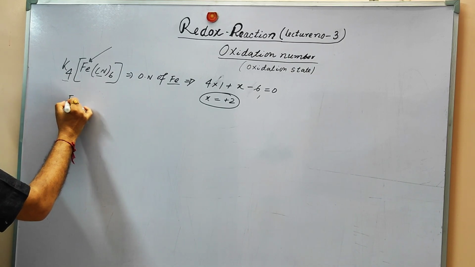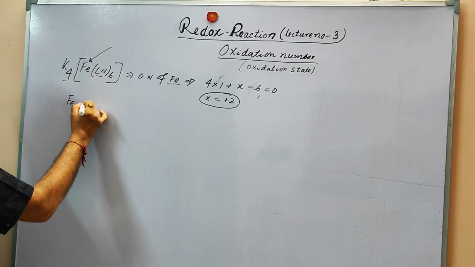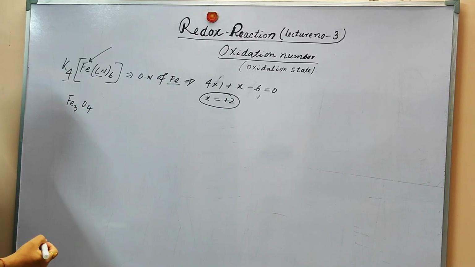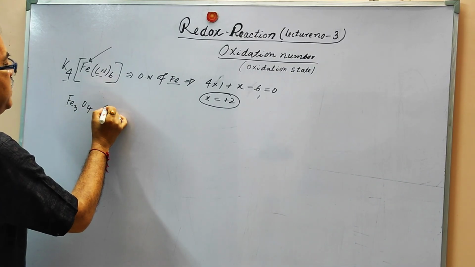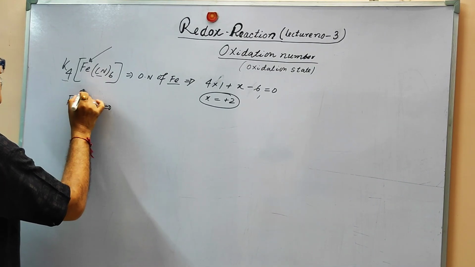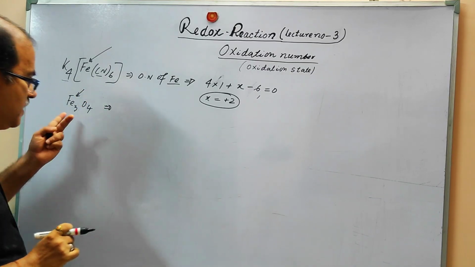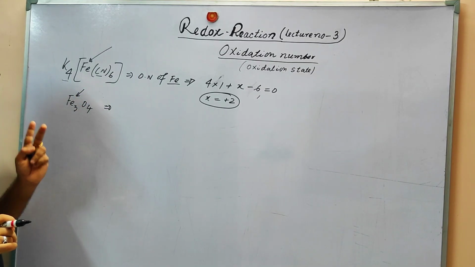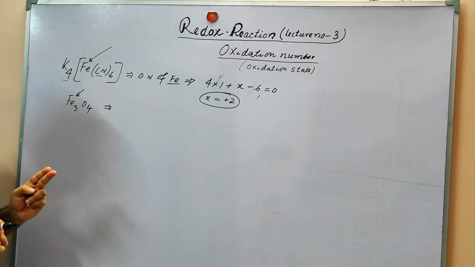So now another example we are giving, Fe3O4. You have to find out the oxidation number of this Fe, because here you can see there are 3 Fe atoms.